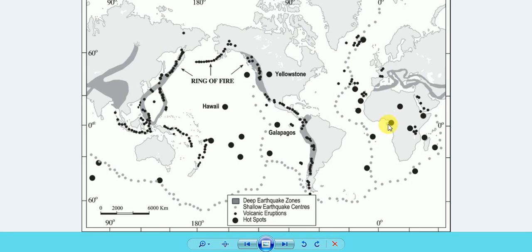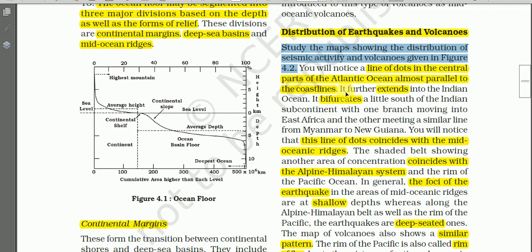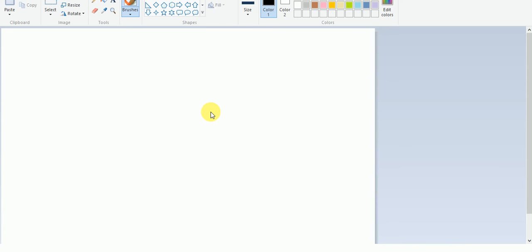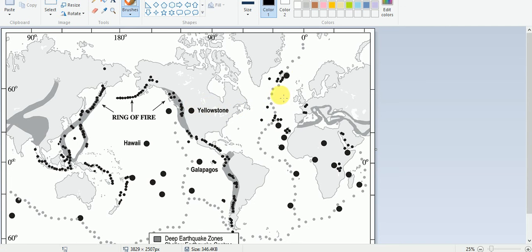So if you study this map in your textbook, that is figure number 4.2, you will notice a line of dots in the central part of the Atlantic Ocean, almost parallel to the coastline. If you observe this map very carefully, you will notice a line of dots here, which is parallel to the coast of the Americas.